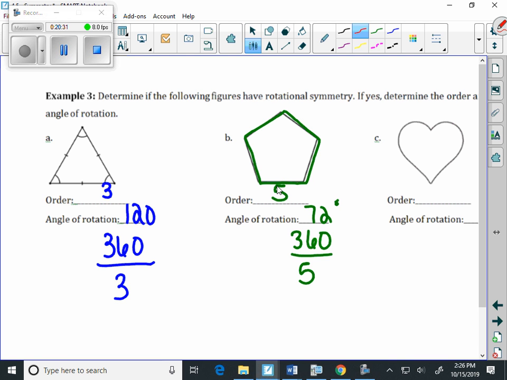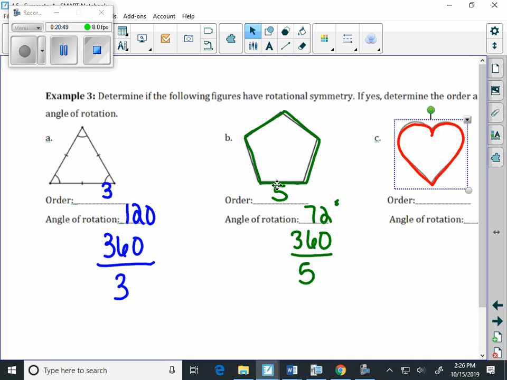When we get to the heart, well, if I outline it, again, you don't need to outline it. It's not a regular polygon. But as we keep turning, what we want is for this heart to land on itself, and it doesn't land on itself until we go all the way around.